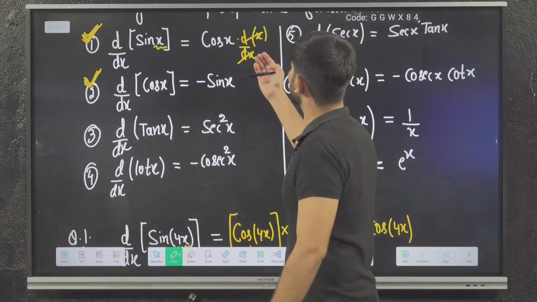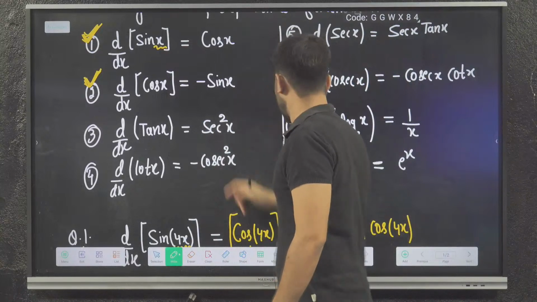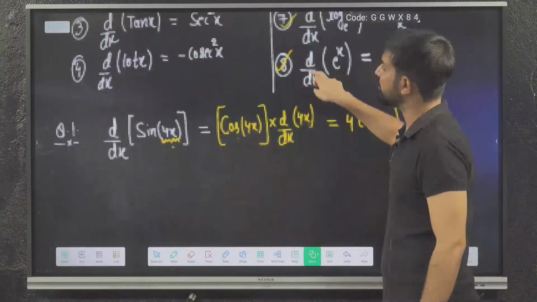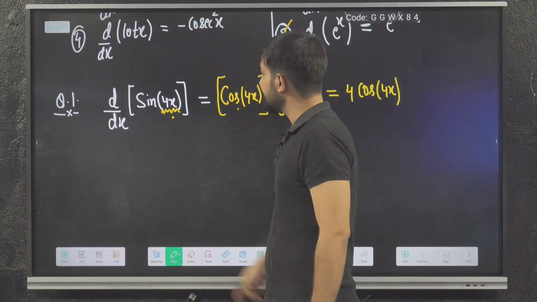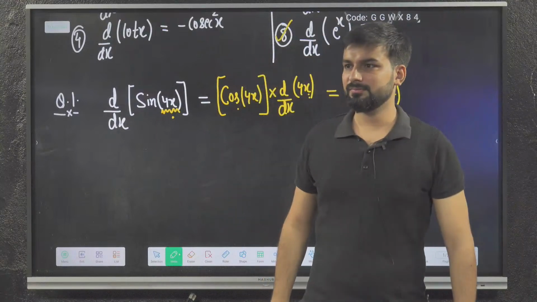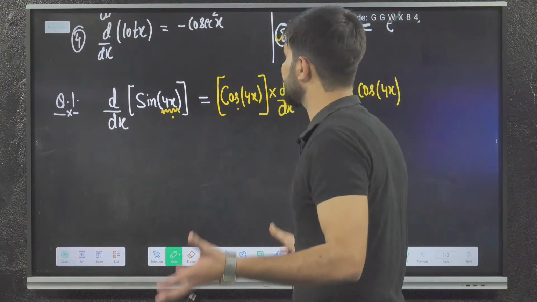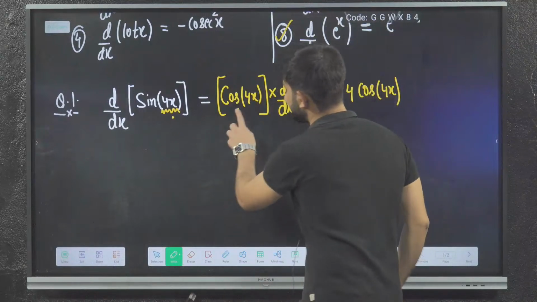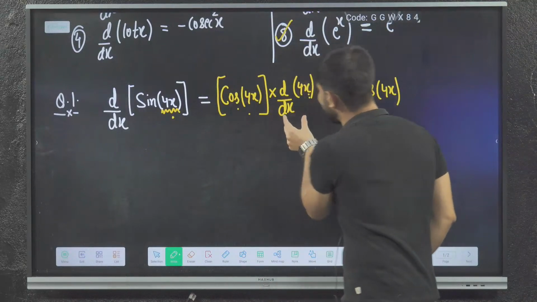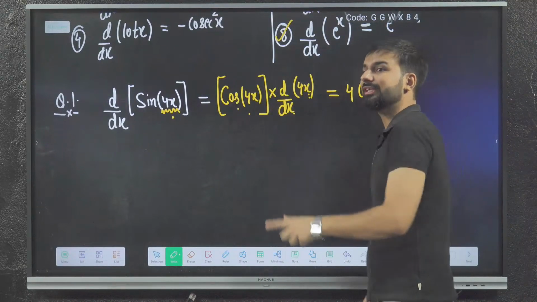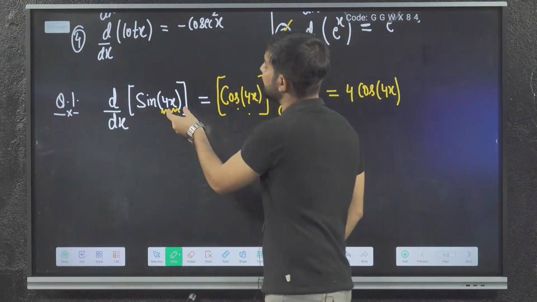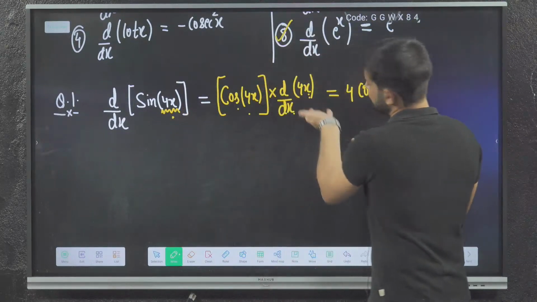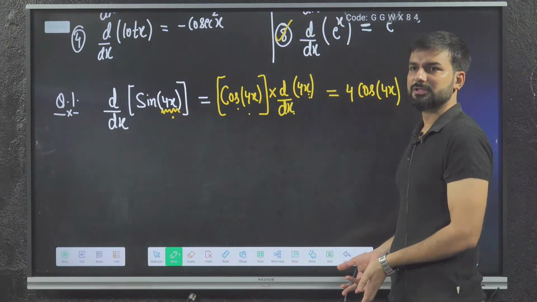But we come to know it is actually there when the angle is not x. The angle could be 2x, 3x, 4x, something different. So very simple, what is the step? First step, same. Additional step, re-differentiation of the angle, and you know the differentiation of simple things.